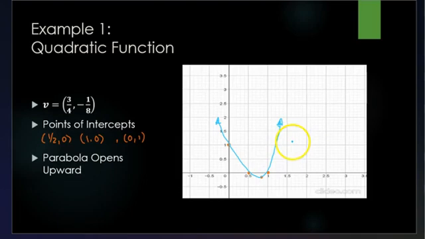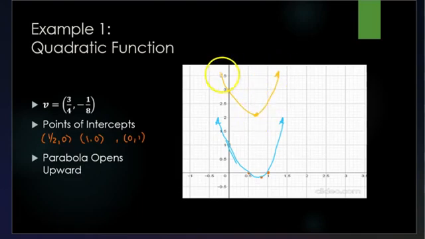Now, will you always have an x-intercept? No. There are some examples wherein the parabola will not have an x-intercept. So when will this happen? Imagine this is your parabola, and your vertex is here.